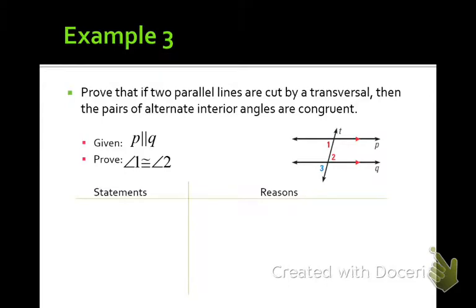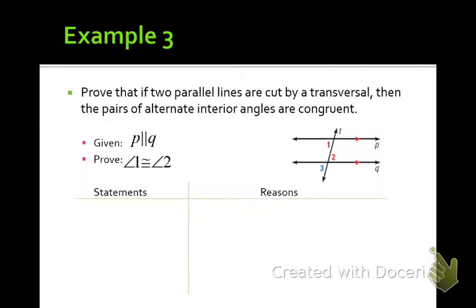One thing I will tell you on this: if I am proving that the 1 and 2 alternate interior angles are congruent, I cannot use alternate interior angles in my proof. They may not even say that they are alternate interior angles. You may just be given that P and Q are parallel, and we need to show 1 and 2 are congruent.